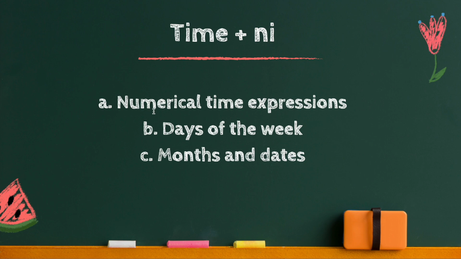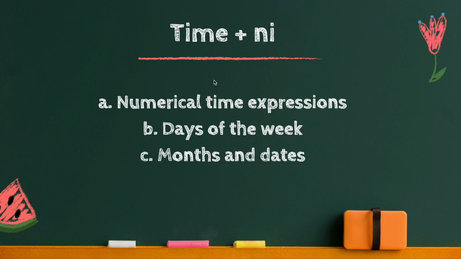First, numerical time expressions such as 1 o'clock, 2 o'clock, and so on. Days of the week, Monday, Tuesday, Wednesday, and so on. Month and dates, January, February, 10th, 11th, and so on. Whenever you indicate those time expressions in a sentence, you have to put the ni particle right after them.